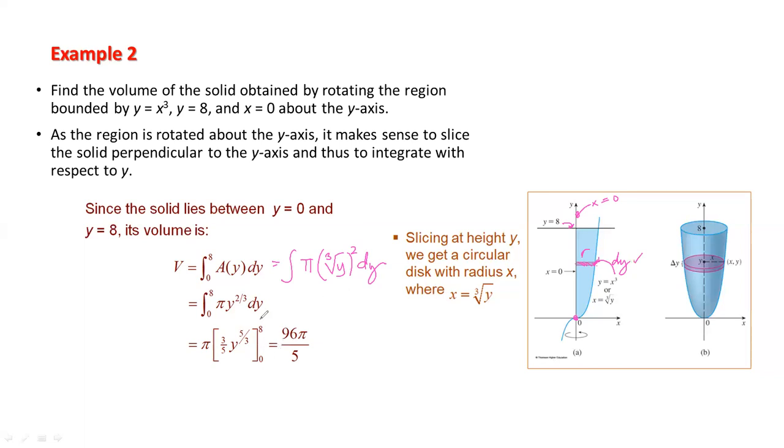So it should be 0 to 8. Your answer would be 96 pi over 5. So meaning, this area, when rotated about this axis, will give you this volume. This is the value of the said volume.